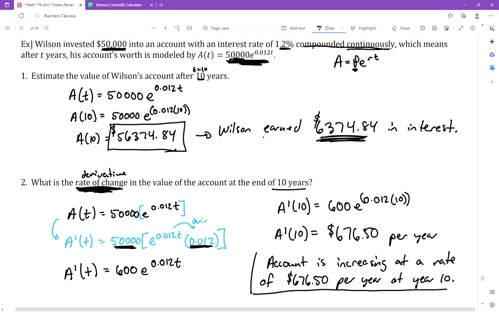That's what that represents. And it should continue to increase every year after that.